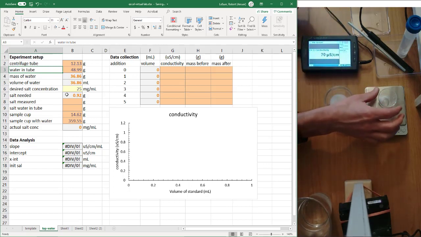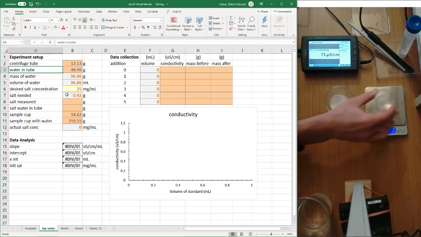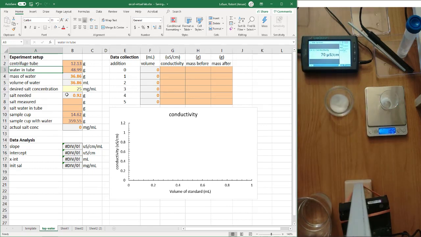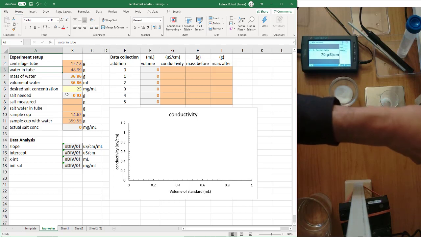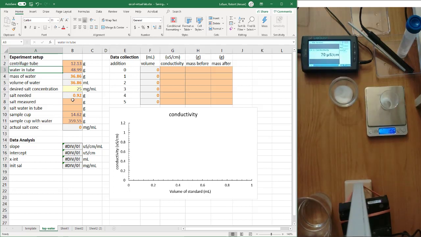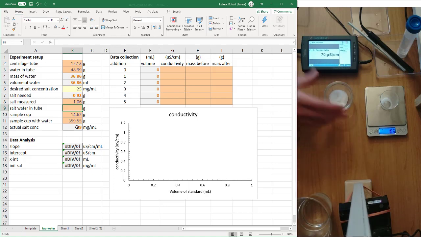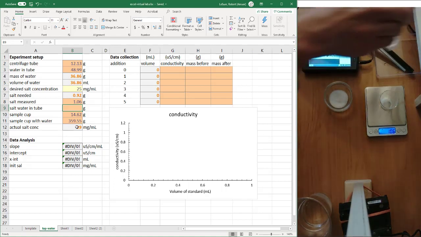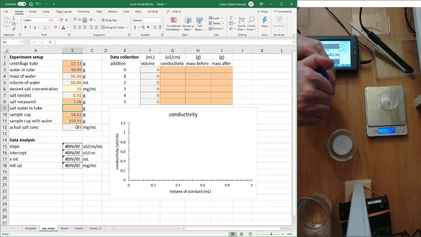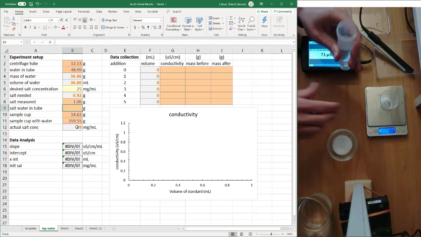We're a little bit high. I'm going to actually leave it at that. Okay, so I'll put the actual value, which is 1.06, and it does calculate the actual concentration is around 29 milligrams per milliliter, and we'll take that, put that into here.